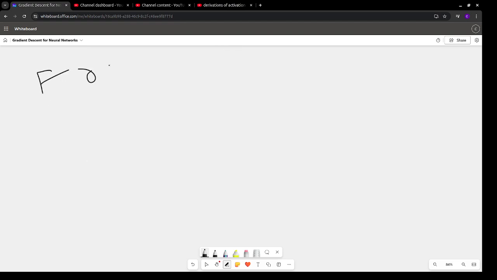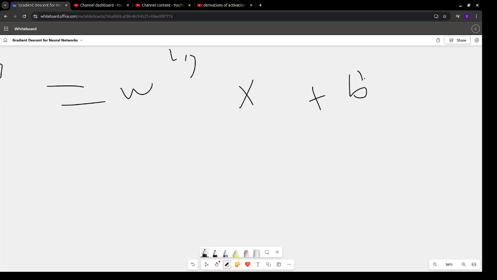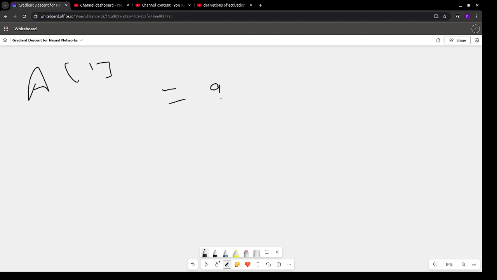So formulas for computing derivatives, right? So let's get this thing. C1 equals W1 x plus b1. A1 equals g1 of c1. Then C2 will be similar.